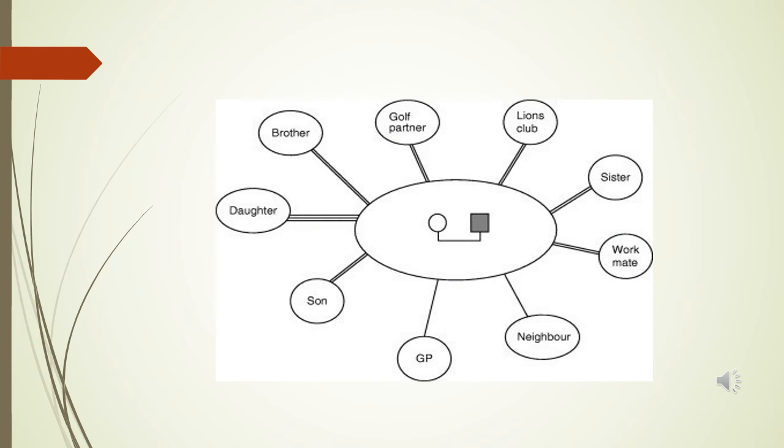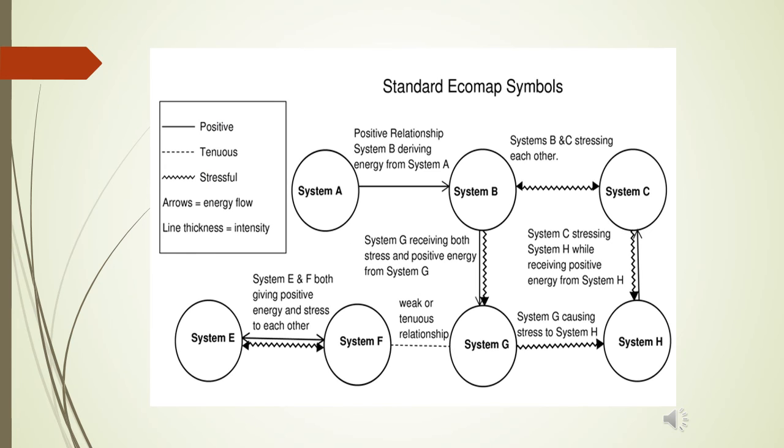Now this is the picture: the family, and the Lions Club, brother, daughter, son, and grandparents, neighbor, workmate and sister, golf partner. So the society and the other community who is connected with this family. Like the genogram, we have standard eco map symbols also, like positive: system A and system B have a positive relationship.